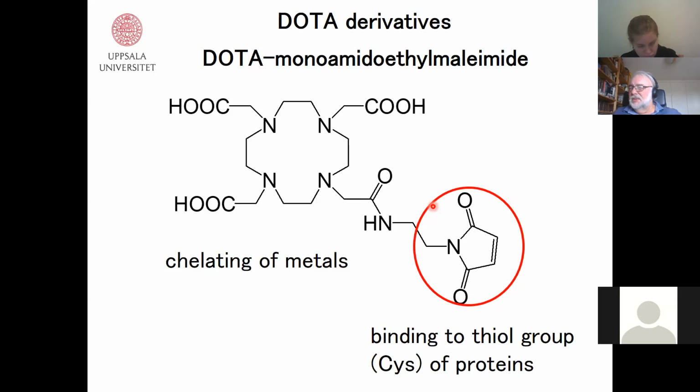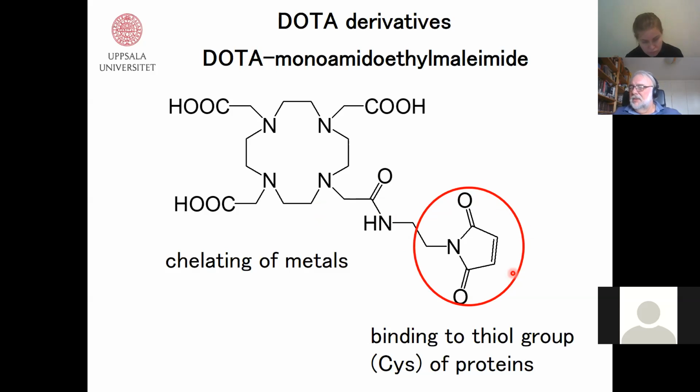So with this tool in hand, I managed to persuade the guys from Macrocyclics, a company which produces macrocyclic chelators for commercial delivery, and they made a variant where one of the carboxylic arms is conjugated to a maleimide group.